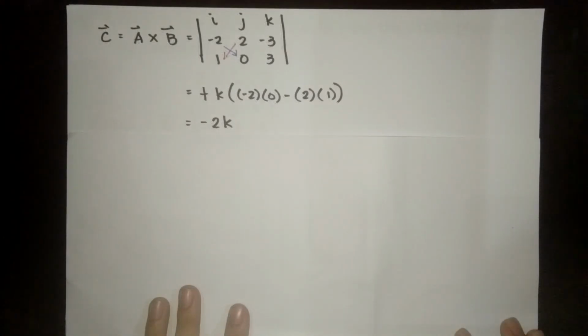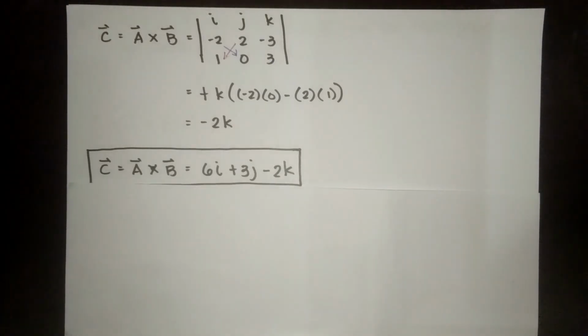After we get the components of i, j, and k, now let's put it into an equation, and that gives us vector C, or vector A cross vector B, is equal to 6i plus 3j minus 2k.